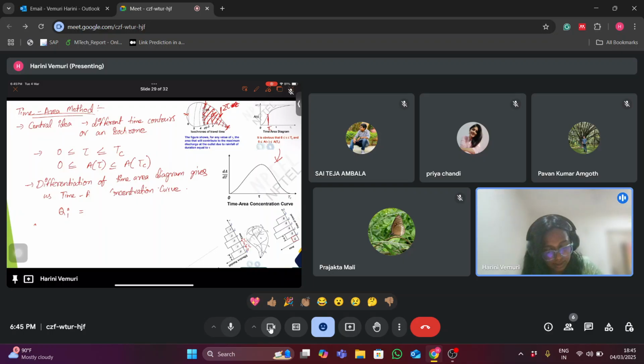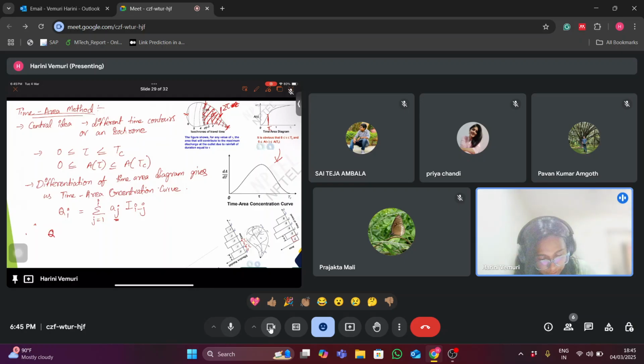So for any time step, the discharge value Qi is equal to the sum of j equal to 1 to I of Aj times the intensity of rainfall, I minus j. Aj is the area that contributes for the runoff in that particular time step.